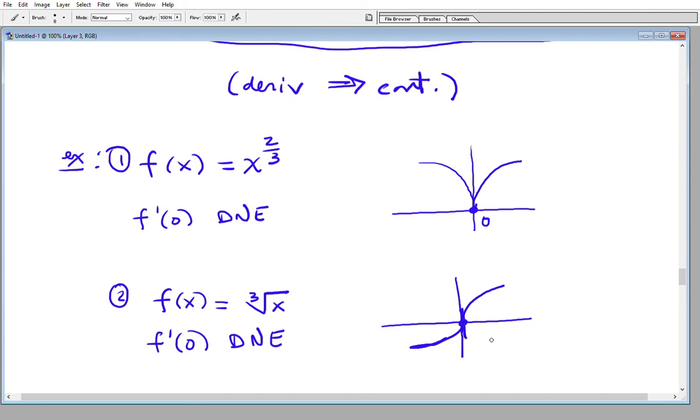Vertical, that means slope infinity. So here, f prime of 0 is infinity. So that's why this one doesn't exist. So these are two different types, really. All right. Here, this one is more similar to the previous one we did. Here, f prime of 0 is infinity, so it doesn't exist. But we'll show these. We'll continue with this next time.